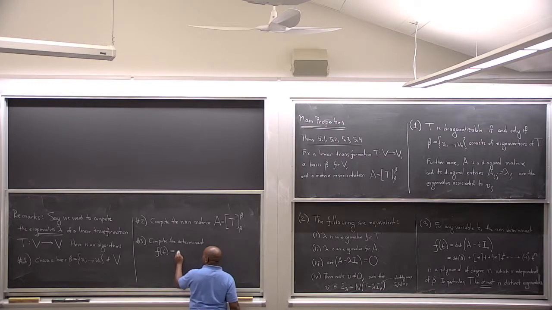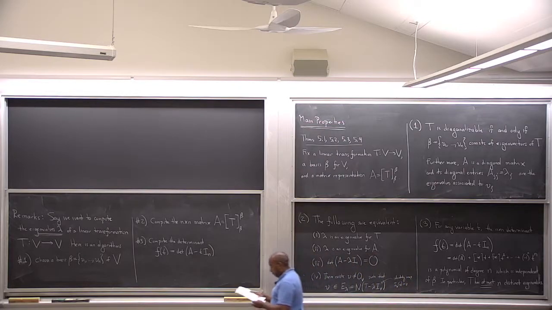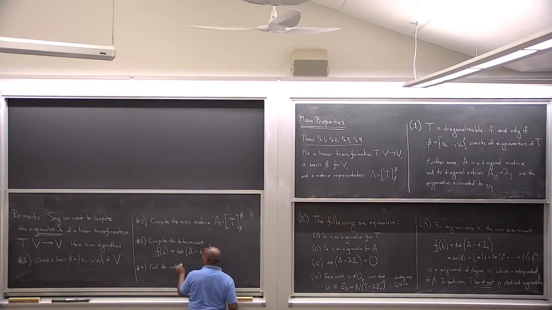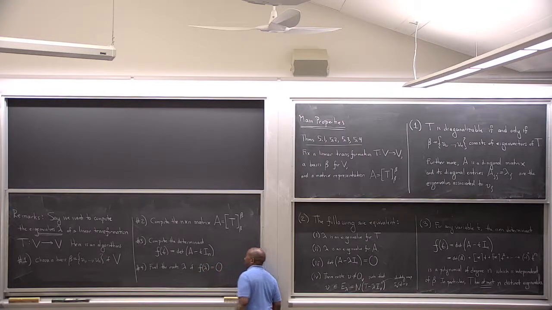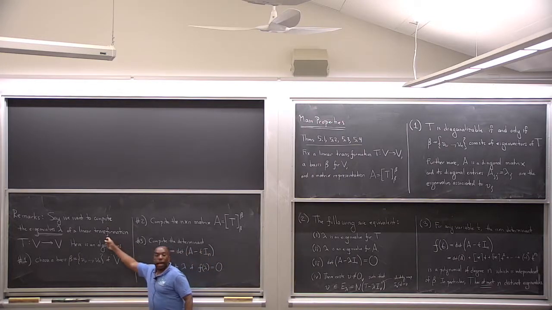Remember that this really is a function of the variable t. Right, so whatever this thing is, just compute this determinant. And then the last step just says find the roots lambda of f of lambda equals 0. So this here, again, is some polynomial. So you would tell your calculator, find the roots of that polynomial. Whatever those roots are, those would be the eigenvalues.